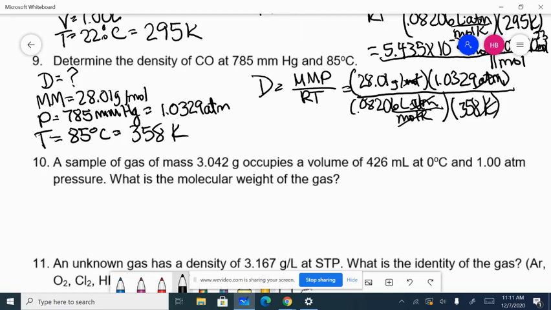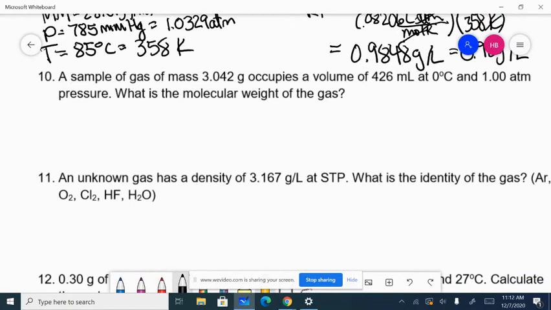This one didn't give you the answer, so let's calculate that out. 28.01 times 1.0329 divided by the bottom. Gives me an answer of 0.9848 grams per liter. And we would need 2 sig figs, so 0.98 grams per liter.